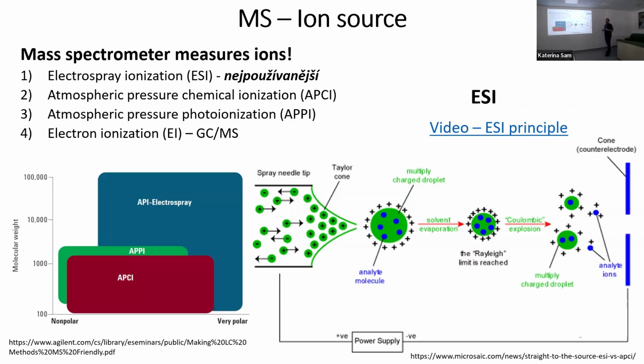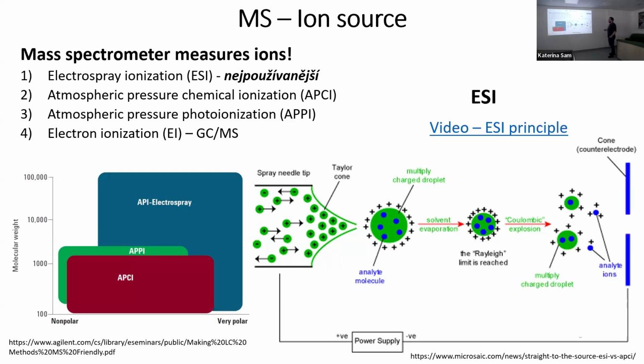But if you have neutral molecules, it's impossible to use this special complicated way. We have three possibilities. We have the electrospray. It's the typical ionization technique, but for the non-polar compounds, we use atmospheric pressure photoionization or atmospheric pressure chemical ionization. But the principle is very easy.